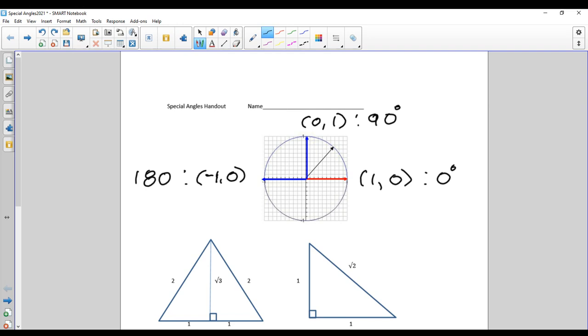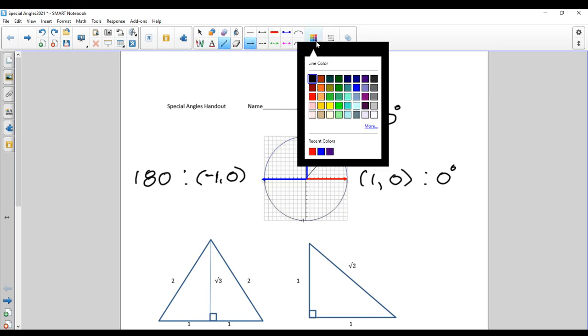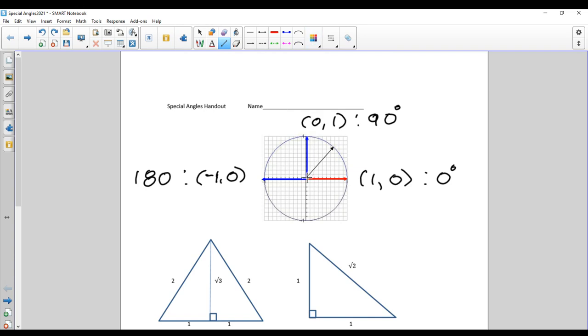So let me see if I can get this thing to cooperate to help me to put that line in. An arrow, we'll go green this time. Let's see if that works. So let's put a line that goes, okay, that does look green. So I need the coordinates of that line.